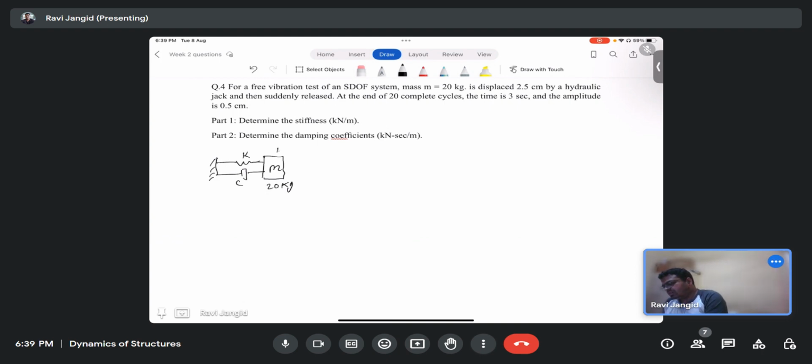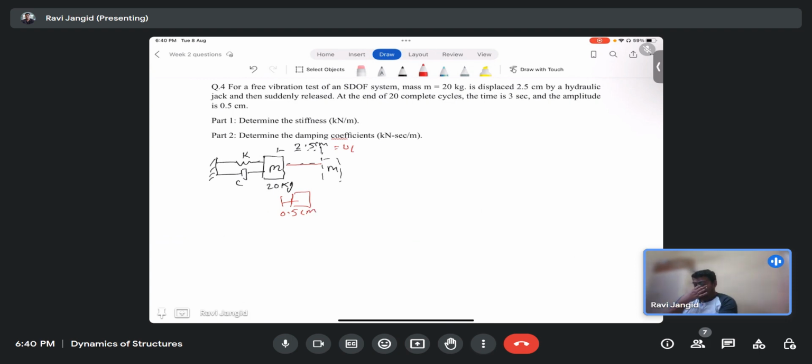If I displace it up to 2.5 centimeter and then release it, this is the initial u_i, and then after u_(i+1), sorry, after some point, the amplitude is 0.5 centimeter.